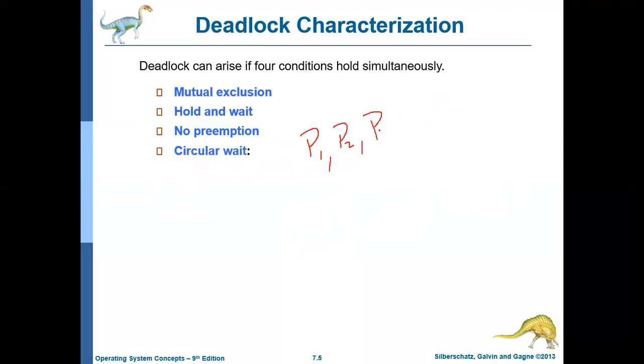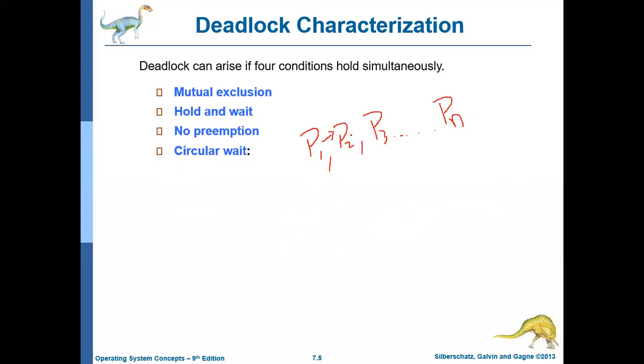All these processes are available in the system actively. Now let us say that P1 is holding a resource and it is waiting for a resource from P2.